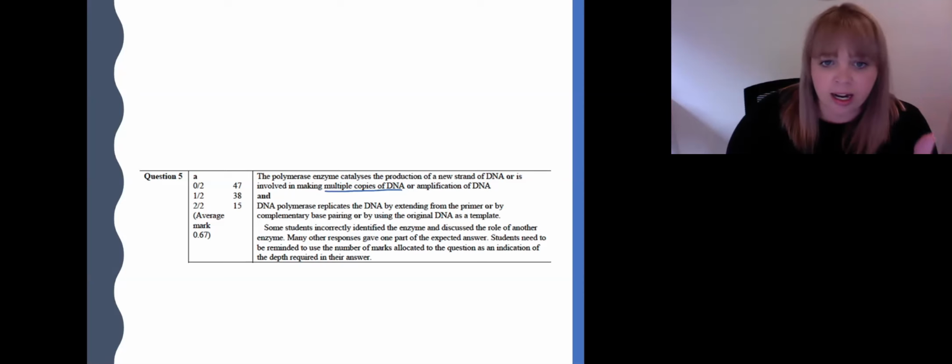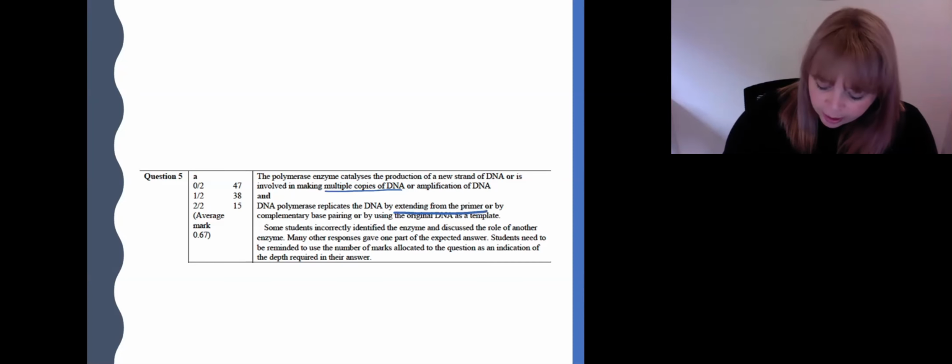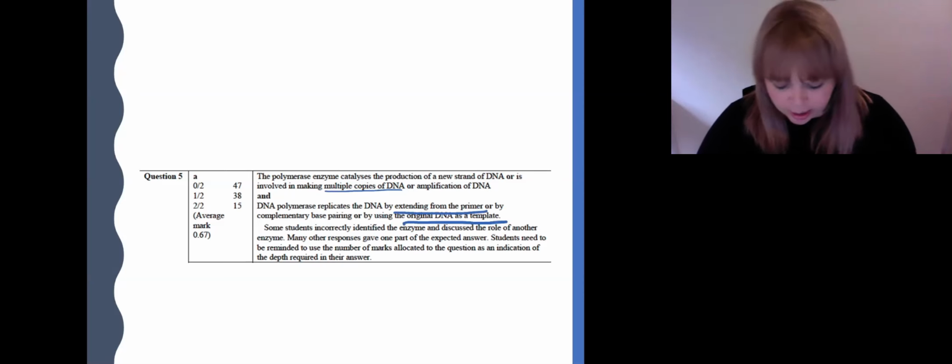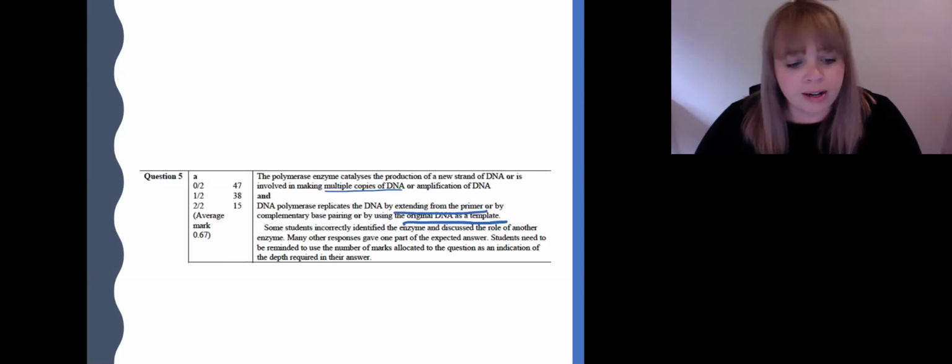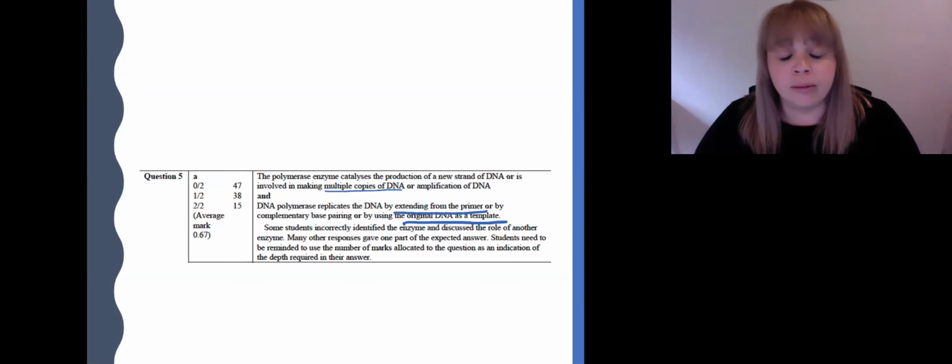You could have written this in any order. The second part of that question is that it's going to extend from the primer using the original DNA as a template. Some students incorrectly identified the enzyme and discussed the role of another enzyme. That's bad. You don't want to talk about ligase or restriction endonucleases here.